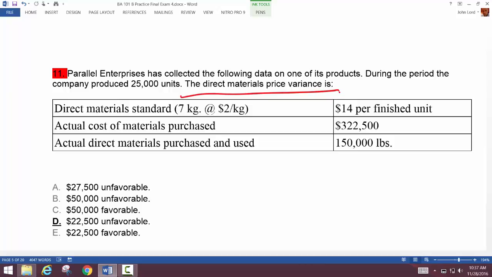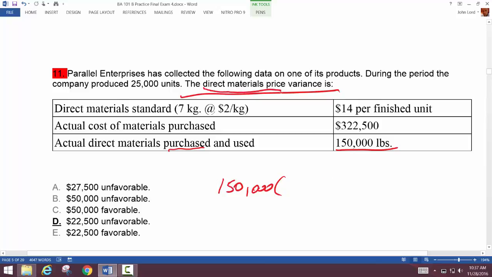So we're going to have to take the actual quantity, and in this case purchased and used is the same, but I know I have to put that 150,000 in there, right? And it's going to be standard price minus actual price. What's the standard price? Well, what am I calculating here?